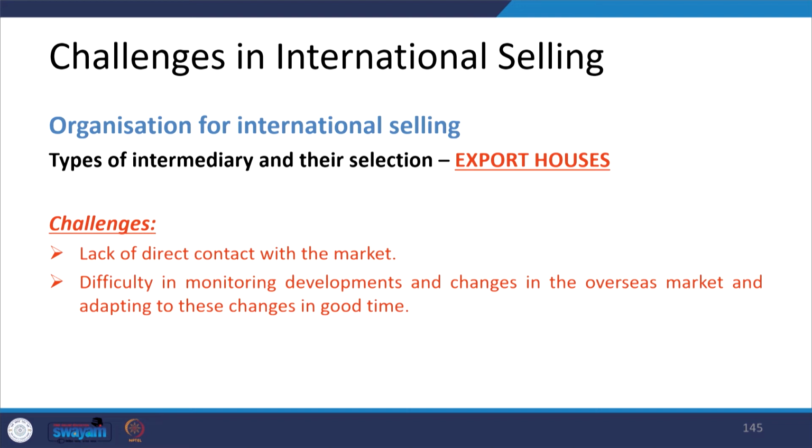There is also difficulty in monitoring developments and changes in the overseas market, and adapting to these changes in good time is not very good with export houses. It takes a lot of time for information to reach your head office, and then you take a call, make changes in the products and services, and get into the market again with the revised products.